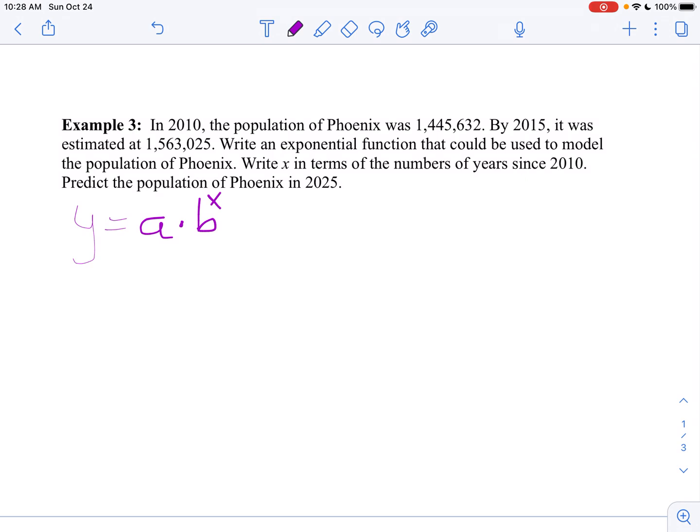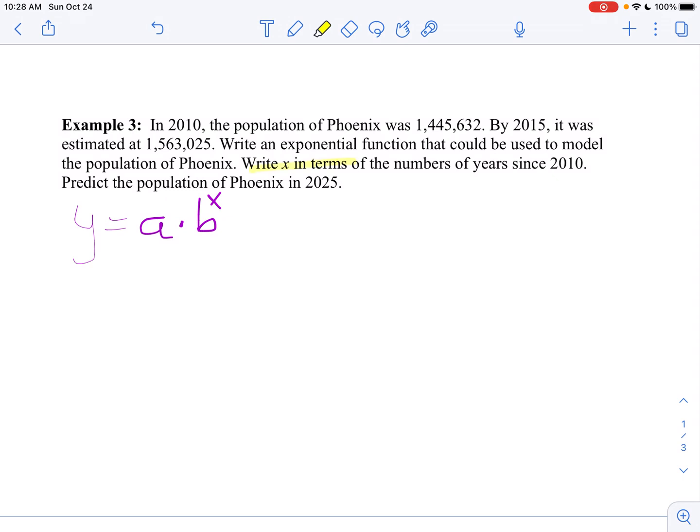If we read the question here, it says, in 2010, the population of Phoenix was 1,445,632. By 2015, it was estimated at 1,563,025. Write an exponential function that can be used to model the population of Phoenix. Write x in terms of the number of years since 2010.